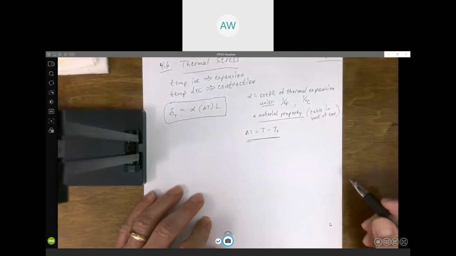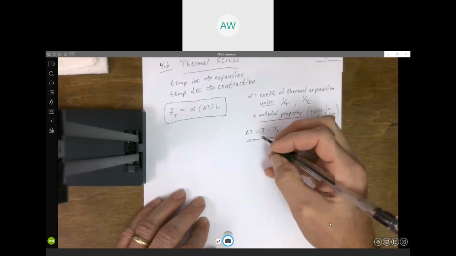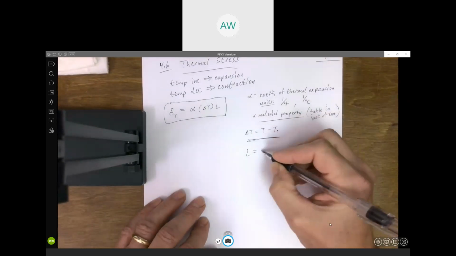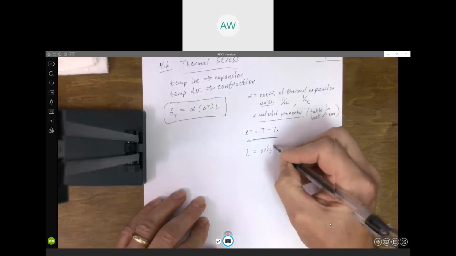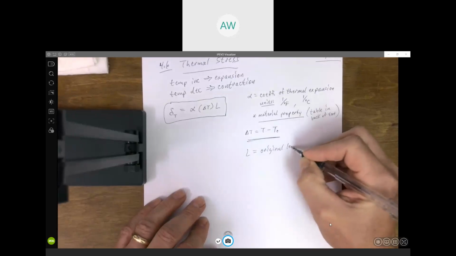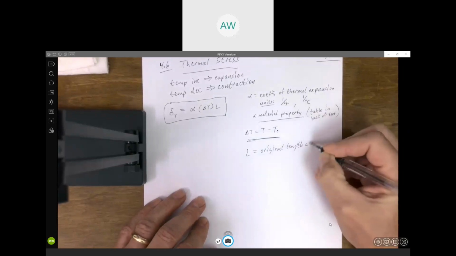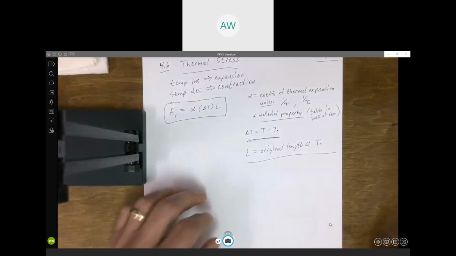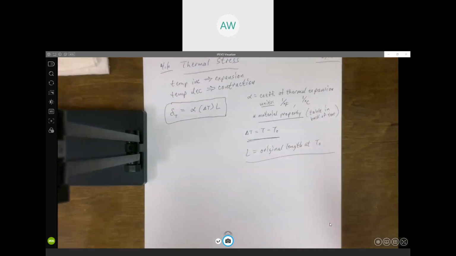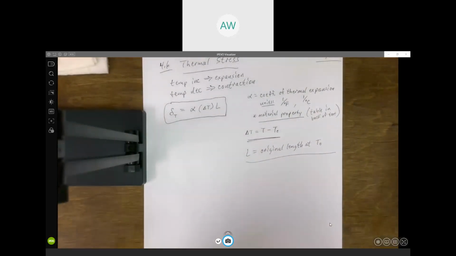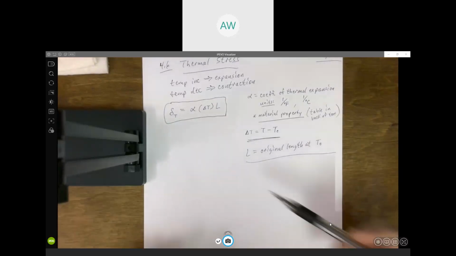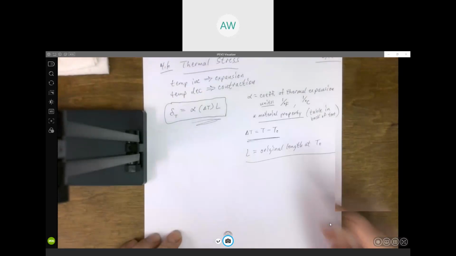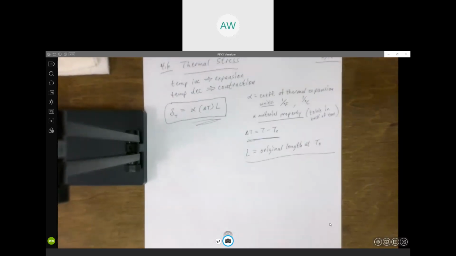And finally, L there, this would be the original length at whatever that original temperature is. So the object sitting there at some temperature T naught, and it goes up or down. This is how we calculate what the change in length is going to be.